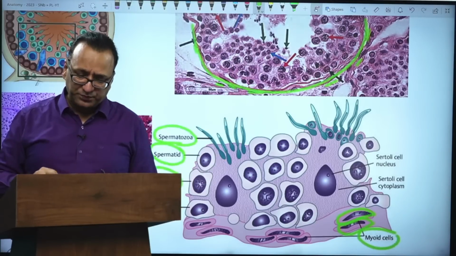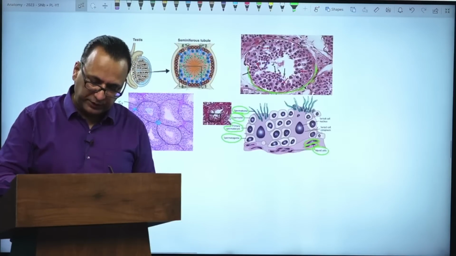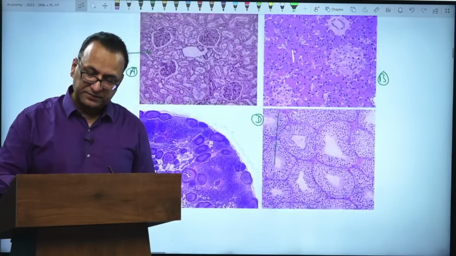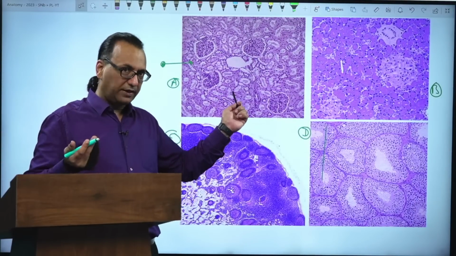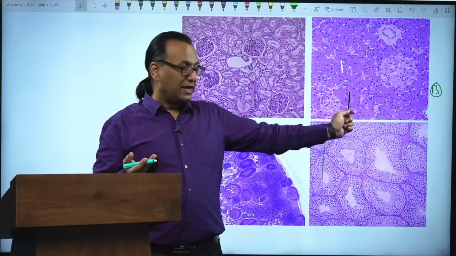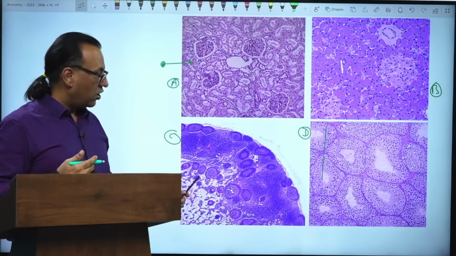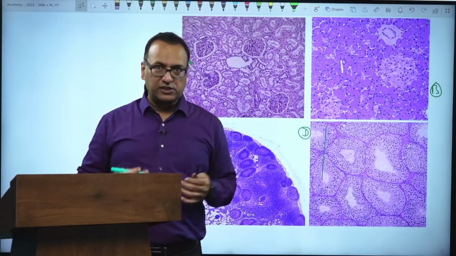Now again, it depends which type of questions come to you, but my purpose was a simple purpose, and that began here. You should be able to identify the kidney slide, you should be able to identify the pancreas slide, you should be able to identify a lymphoid tissue like lymph node, or you should be able to identify the seminiferous tubules.